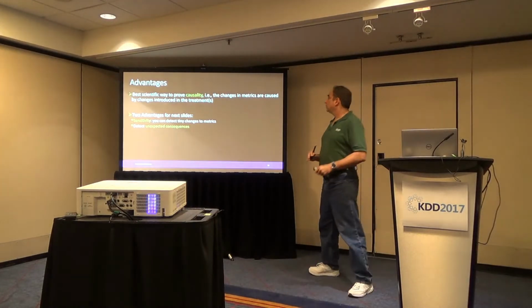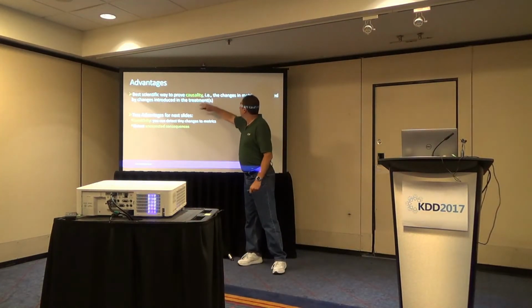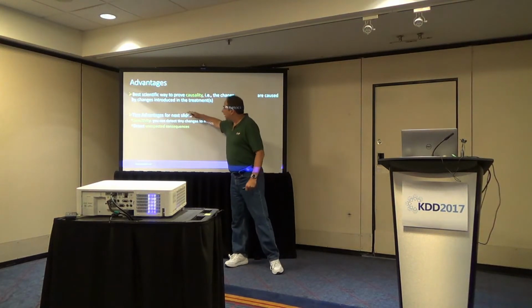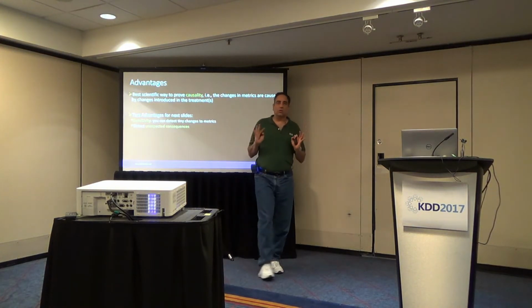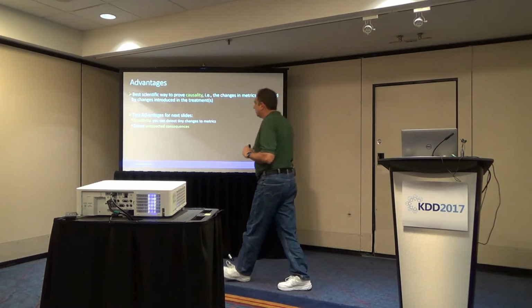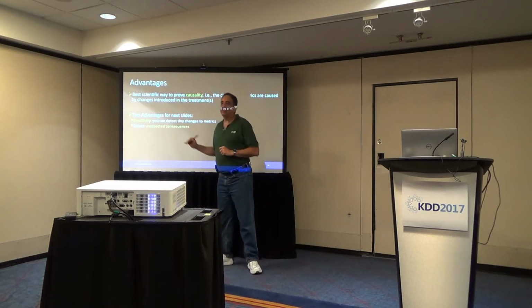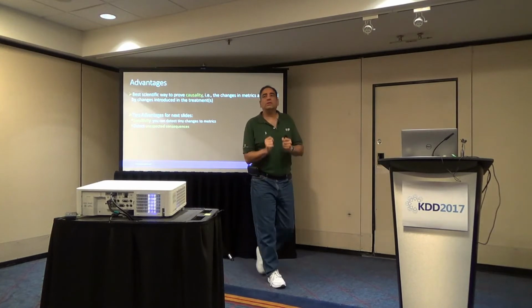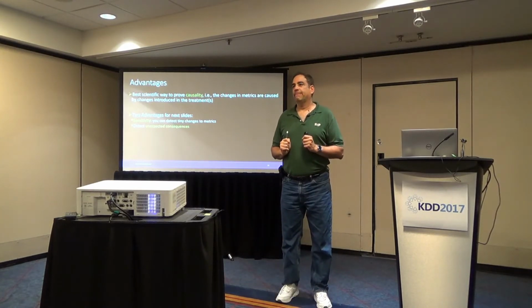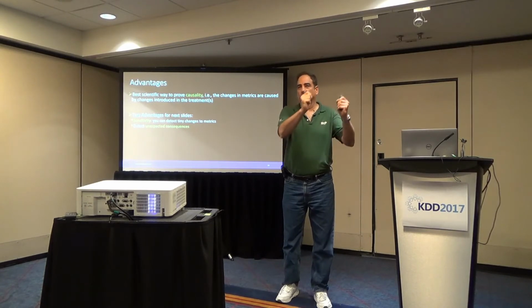Okay, so we talked about causality. There are many advantages to controlled experiments, but I want to mention a couple of them in this intro, starting with sensitivity. Very important: you can detect very, very small changes, and this is not something you can do in a sequential trial.